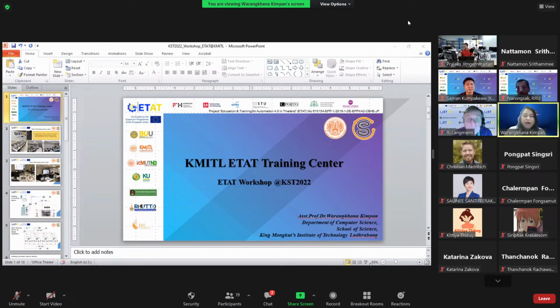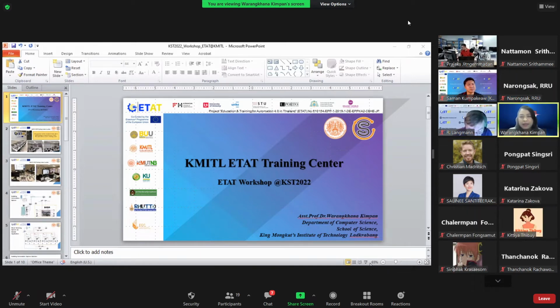Good afternoon, everyone again. I would like to introduce the KMITL Etat Training Center. This is our lab, located in room 106 of the SC08 building in the School of Science, KMITL. This room will be used as a training center.